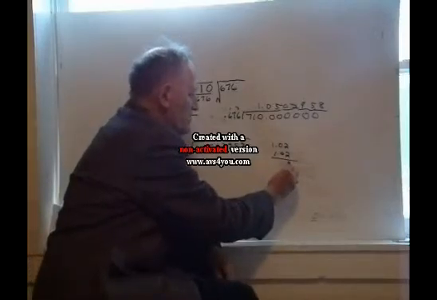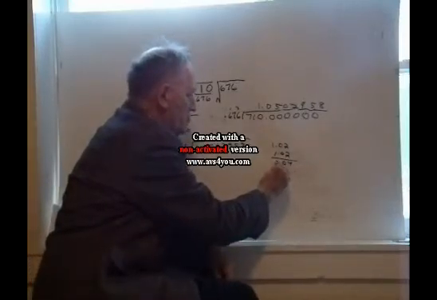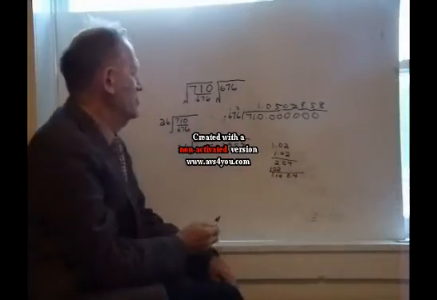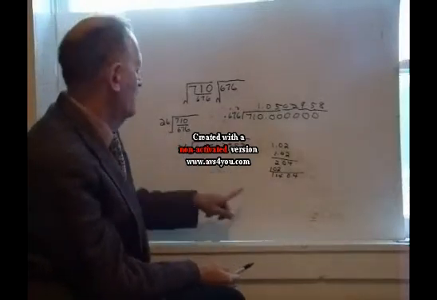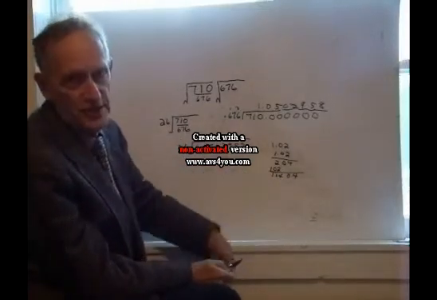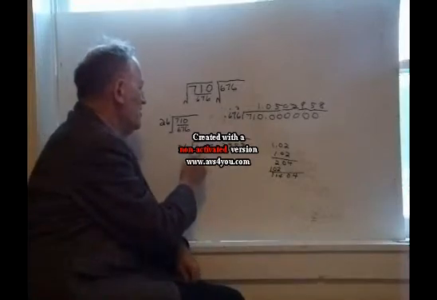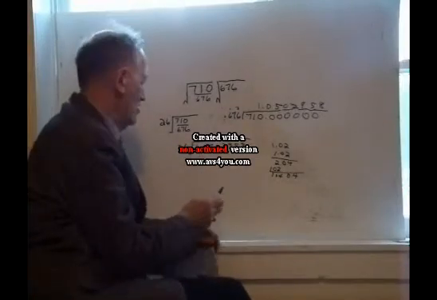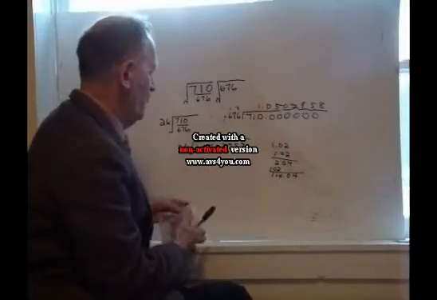2 times 2 is 4, 0, 2, 0, 1, 40401. So 1.0404, 1.05, you see it's somewhat close. So what I'm going to do then is the same thing that I did before.